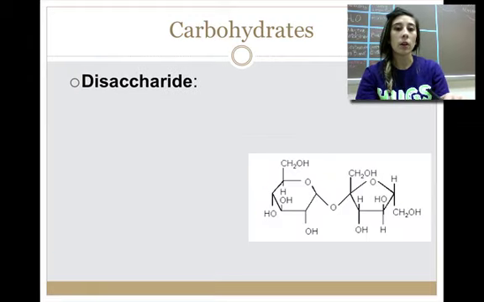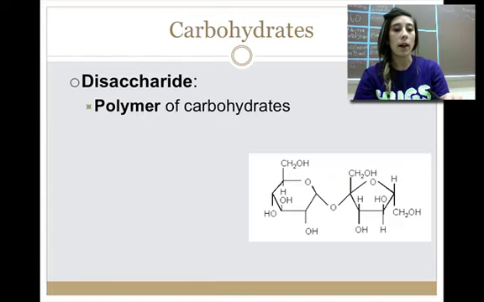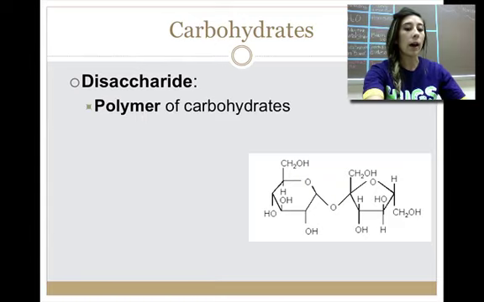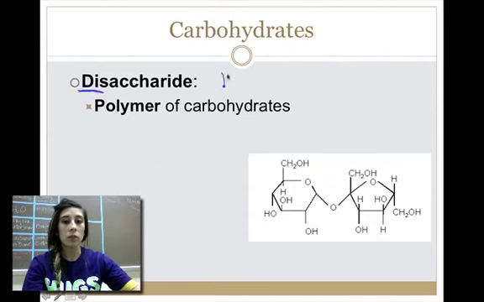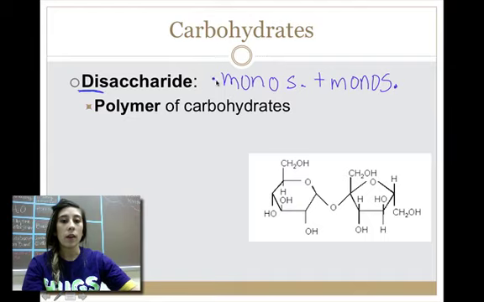And the polymer of carbohydrates is a disaccharide. Di is referring to 2. Okay? The polymer of carbohydrates. So you can take some monomers, right? Monosaccharide and a monosaccharide, and that's what a disaccharide equals, the polymer of carbohydrates.